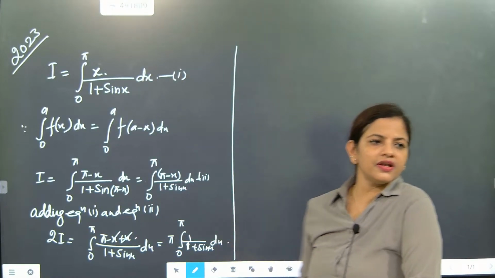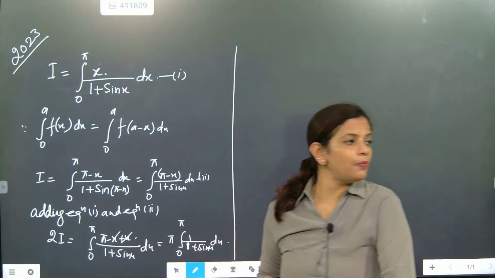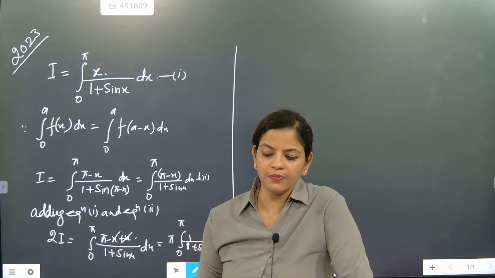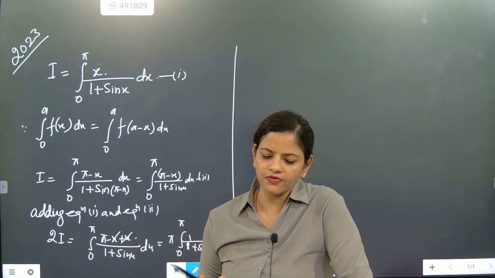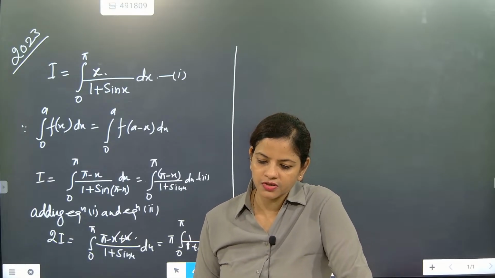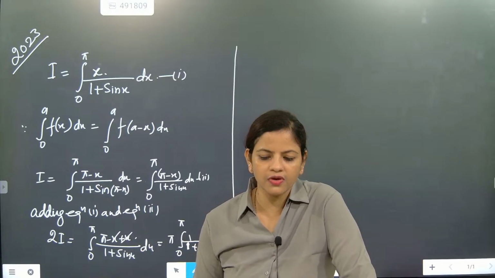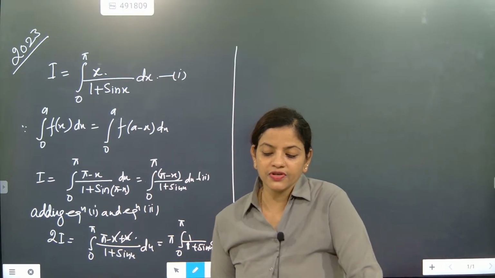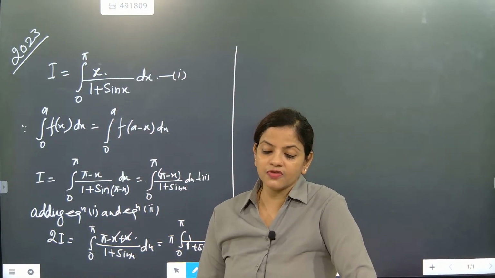Now after writing that 2I is equal to this much, our problem is that if we rationalize it, dx means differentiation of x, but here we are using it in the integral. Understood? You are having confusion, so it's my work to deal with it. Differentiation is the inverse of integration, and integration is the inverse of differentiation.